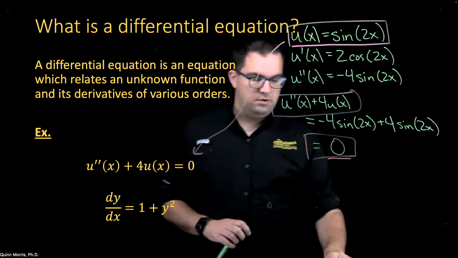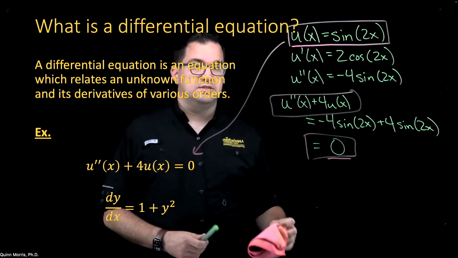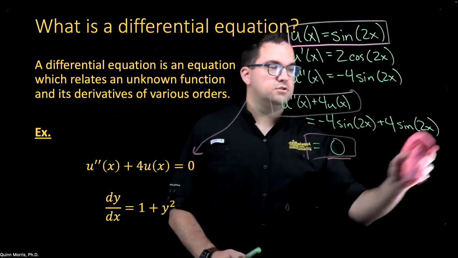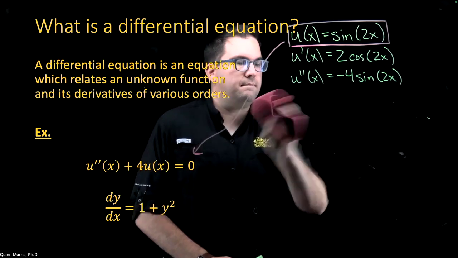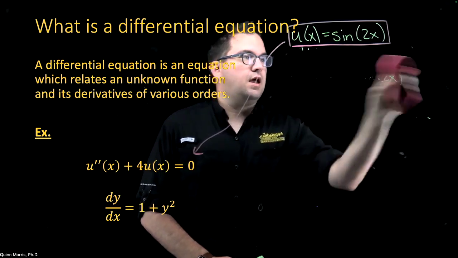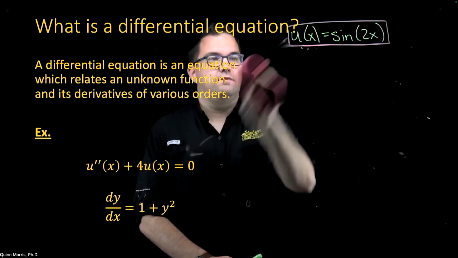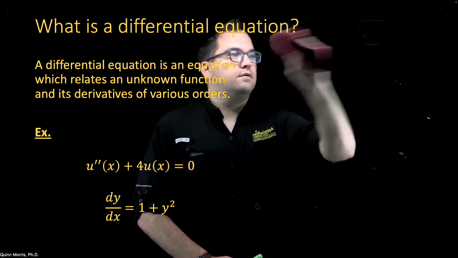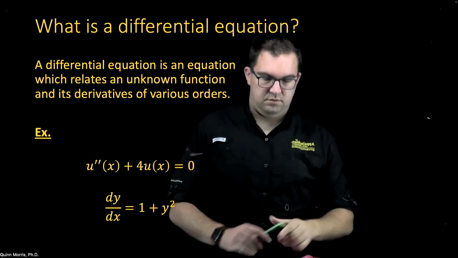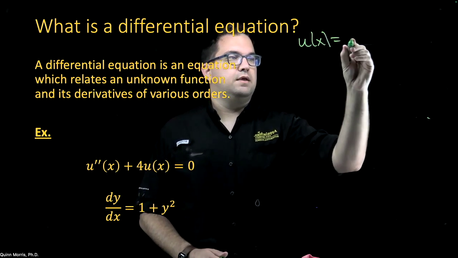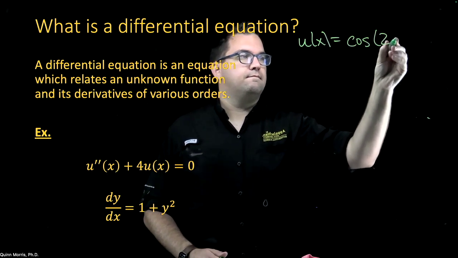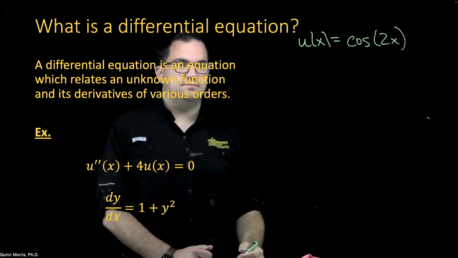Now, it turns out that's not the only solution. We could repeat this process, this time taking u of x to be cosine of 2x.